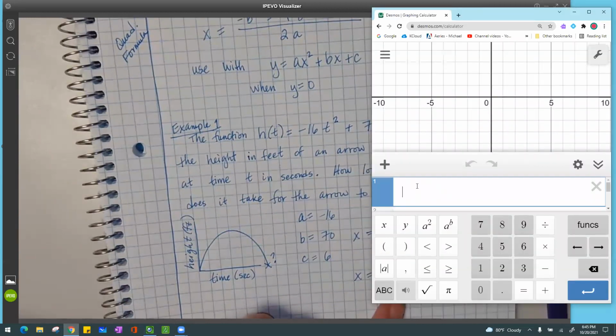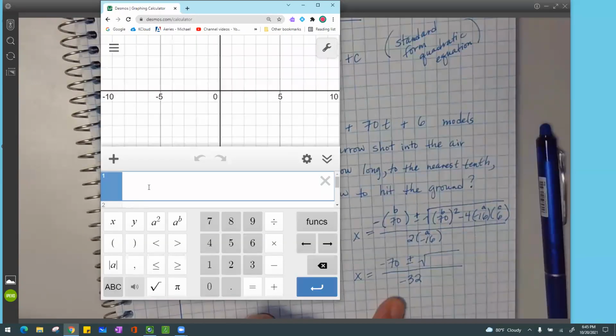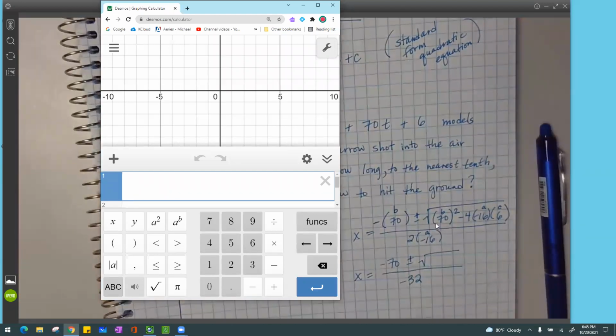And I will type it just like it shows here.